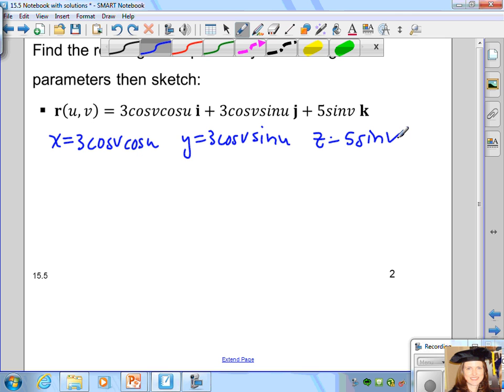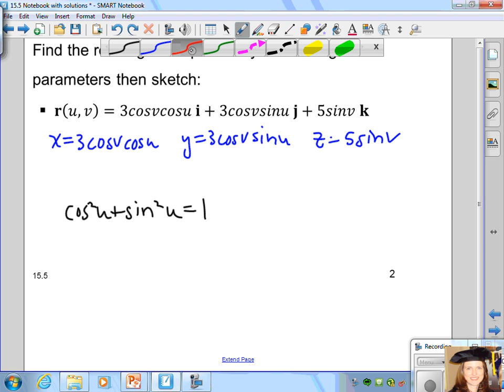We'd like to eliminate the parameters. Notice that all three of them have a v in it, but only the first two have a u in it. So let's begin by solving for cosine u in the first equation and solving for sine u in the second equation, so that we can use the identity cosine squared u plus sine squared u is equal to 1.